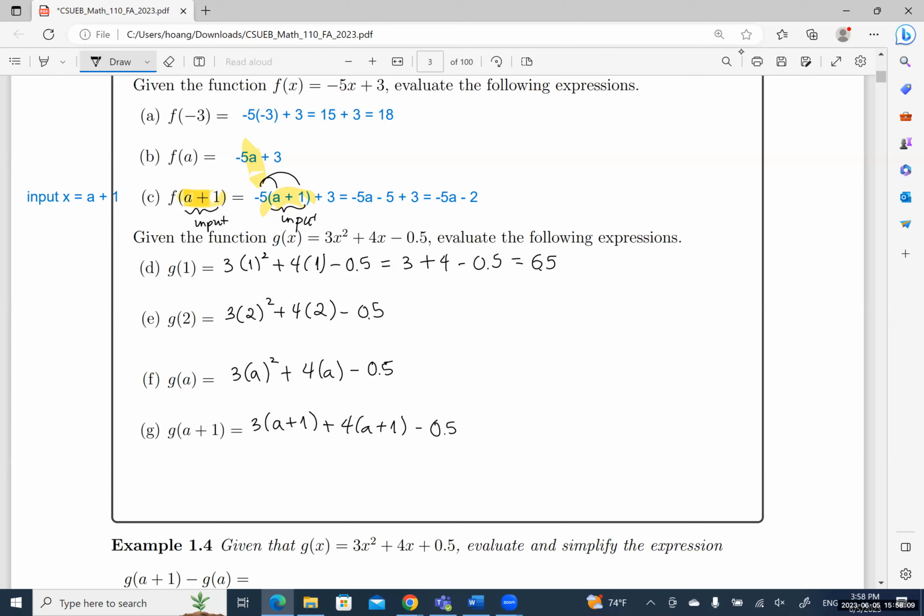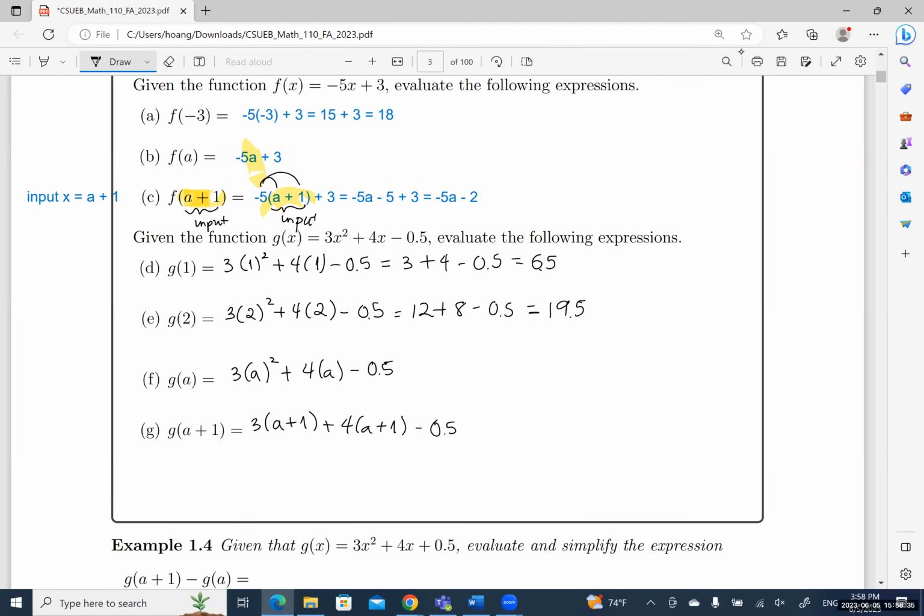This guy. Okay. So what about part E? You have 3 times 2 squared, which is 3 times 4, which is 12. And then plus 8 and minus 0.5. And that gives you 19.5. That's using calculators, okay?